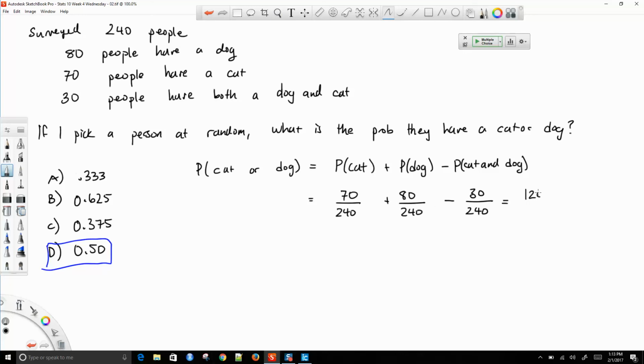This gives us 120 out of 240, which is a nice 0.5. So out of these 240 people, half of the people surveyed have a cat and/or a dog.